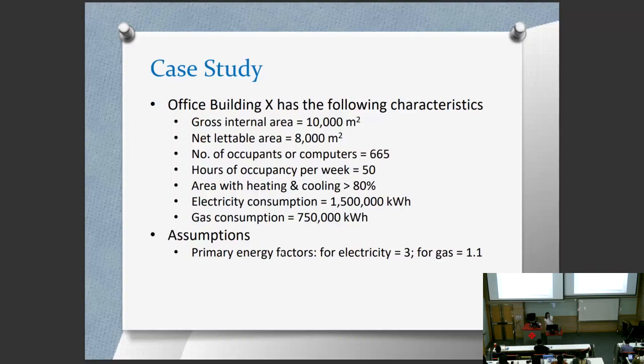And we assume the primary energy factor for electricity is 3. So it means in order to produce this amount of electricity, the primary energy consumption would be this value multiplied by 3. And for gas, the value is 1.1. So in order to produce this amount of gas energy, we need to consume this amount multiplied by 1.1 of primary energy.